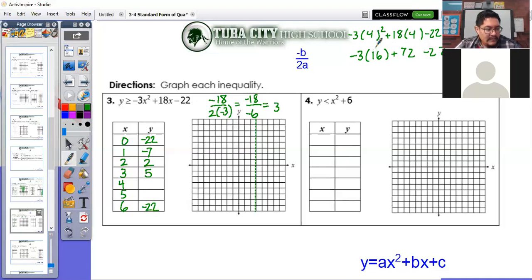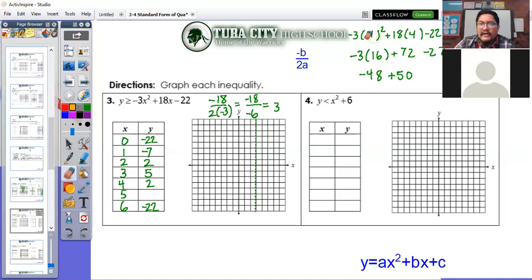Okay, and then 3 times 16, 48, so this would be negative 48. 72 minus 22, and that'd be, oops, 50. And that would be 2. So 50 minus 48 would be 2.